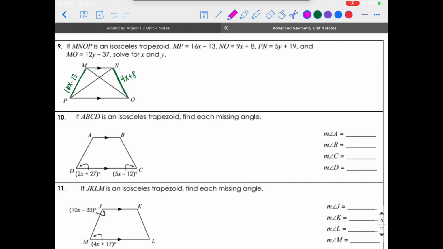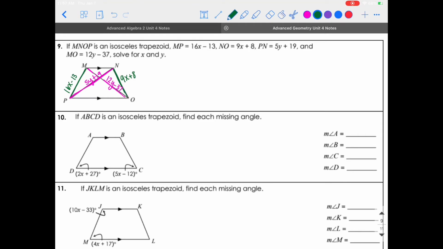So then we have PN, which is 5y plus 19, and MO, which is 12y minus 37. These are two totally separate things, and we're going to have to solve separately. We're going to solve for the x's and the y's.